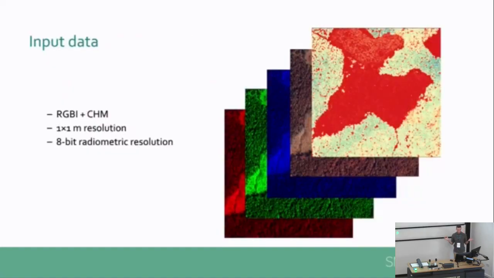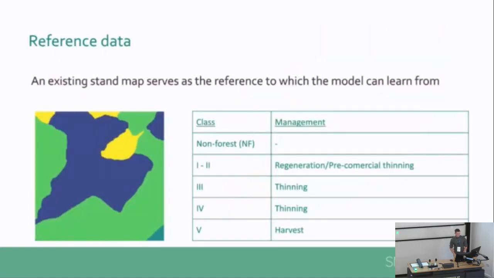So we thought, let's do an easy, quick study to start off with. From published research, we know that we probably need aerial images and the canopy height model, so we used those. We used 1 meter resolution because that's the typical resolution for their canopy height models. Then we needed some classes to predict, and we used an existing map as the reference.